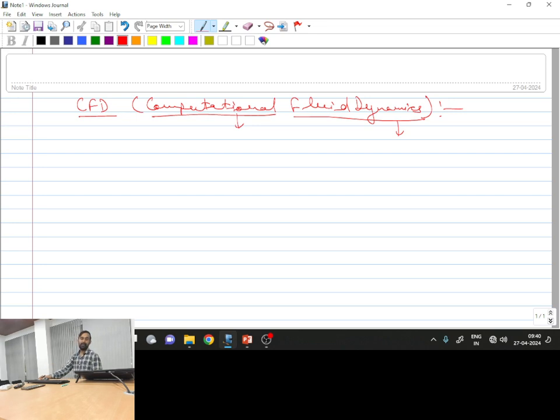In a similar way, computational methods are not limited to fluid dynamics problems, but can be applied to any type of mechanics problems. So the broad classification will be computational mechanics, and under computational mechanics, if we are utilizing numerical modeling only for solving the fluid flow and heat transfer problems, then we will call it computational fluid dynamics.